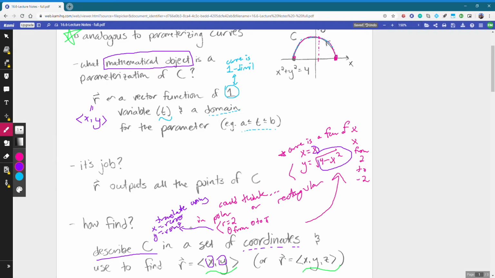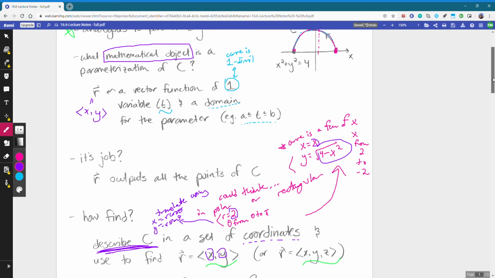And we'd use the fact that r equals 2, and we'd be good to go. We'd have another parameterization that we could use for our curve. And so this is how we've been thinking about finding a parameterization: getting a description, and then using that to find our coordinates for our parameterization.